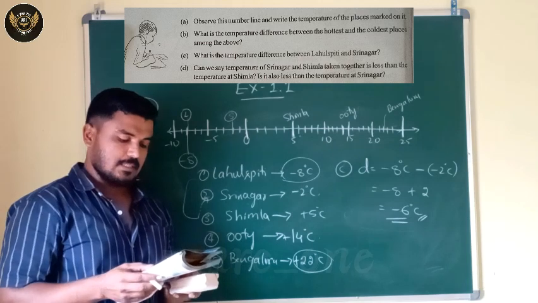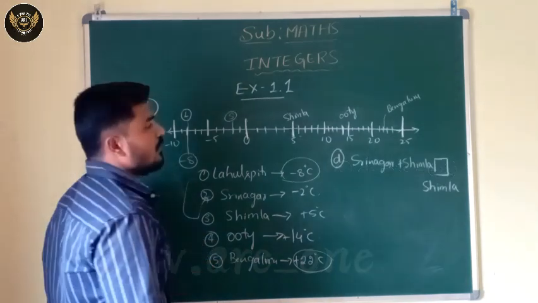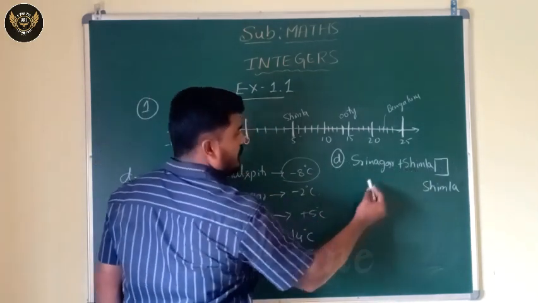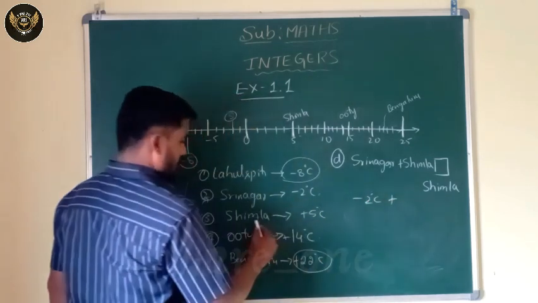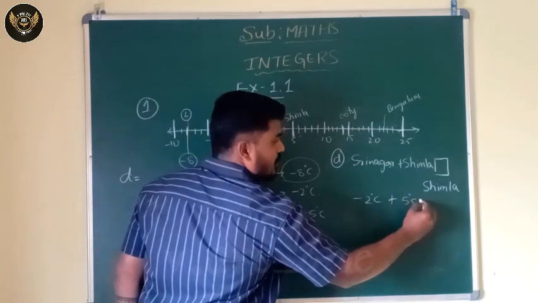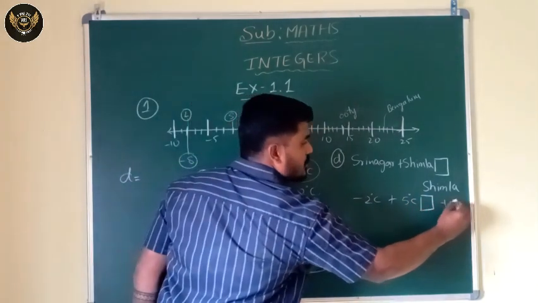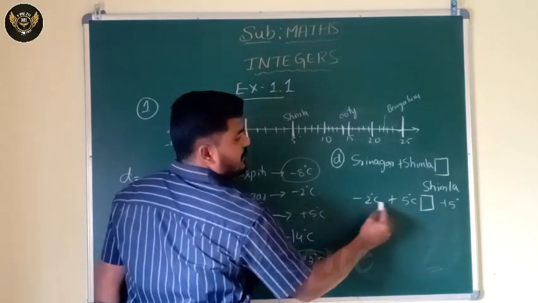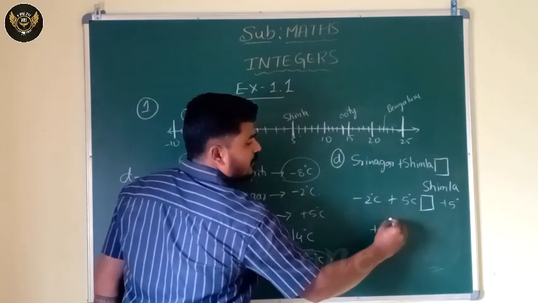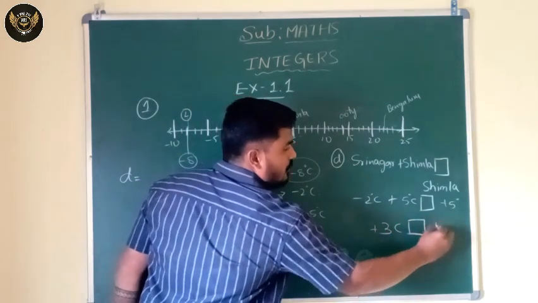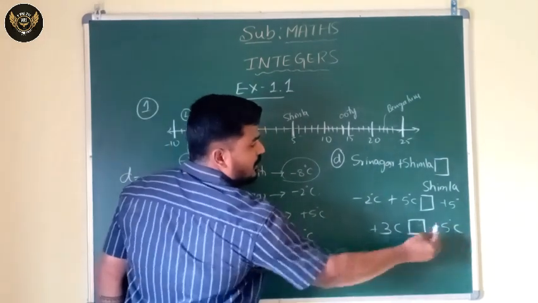Is Shimla greater, or are Srinagar and Shimla taken together greater? Srinagar is having -2 degrees Celsius plus Shimla is +5 degrees Celsius. What should we compare it with? Shimla having +5. If you simplify these two, minus and plus becomes 5 minus 2, 3, having the sign of +3 degrees, which is compared to +5 degrees. Here both numbers have plus, so compare these two: Shimla is greater.